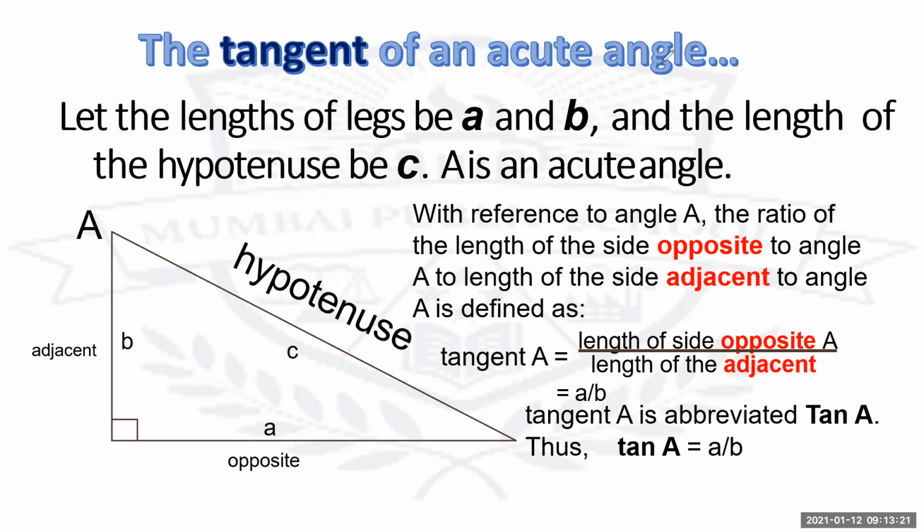Now check. SOHCAHTOA. Understand? This is the short form. It is a short form to understand this sine ratio, cosine ratio, and tan ratio. Is this clear?